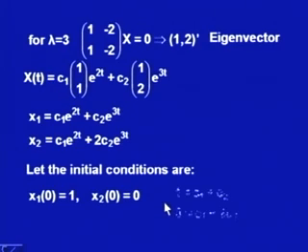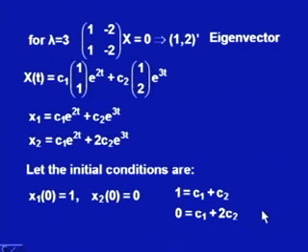So, if we substitute t is equal to 0, x1 is 1. So, left hand side is 1 and right hand side, for t is equal to 0, it is C1, this factor is also 1. So, it is C1 plus C2 from the right hand side, and similarly substituting this in the second equation, we will have 0 on the left hand side, and on the right hand side we will have C1 plus 2C2.